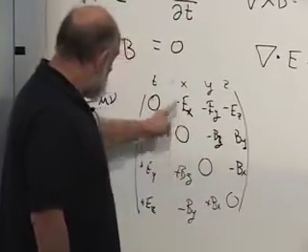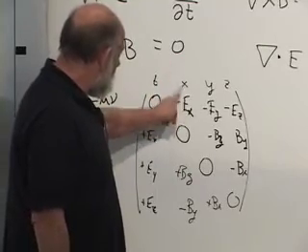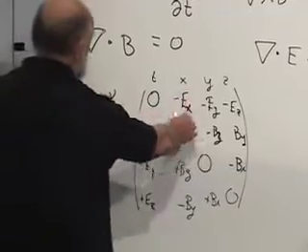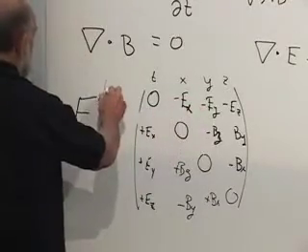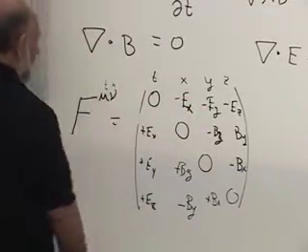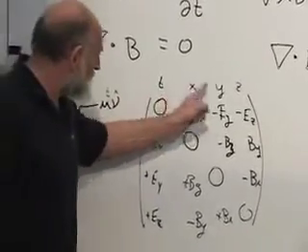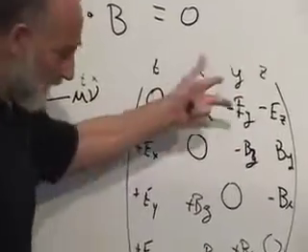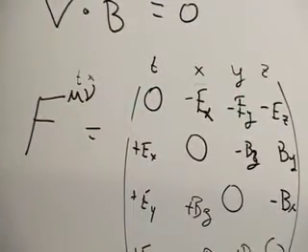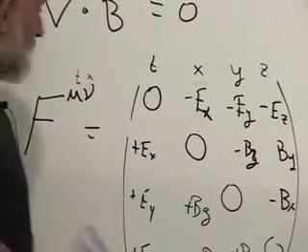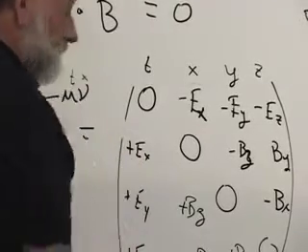This element over here would be mu equals t, nu equals x. So as mu and nu both run over x, y, z, and t, we fill out this matrix. That's the electromagnetic field tensor, and as I said, it transforms in the right way to be a tensor.